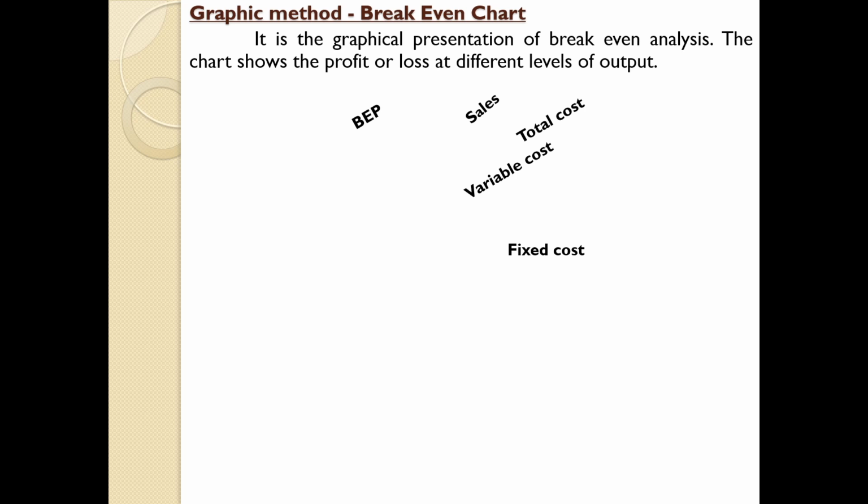It shows the relationship between sales, fixed cost, variable cost, profits, and total cost, and from that graph you can easily identify the break-even point without using any of the equations. The answer will be the same. Just as if you use the algebraic equation you will get the same answer, through the graph also you can easily find the same answer.